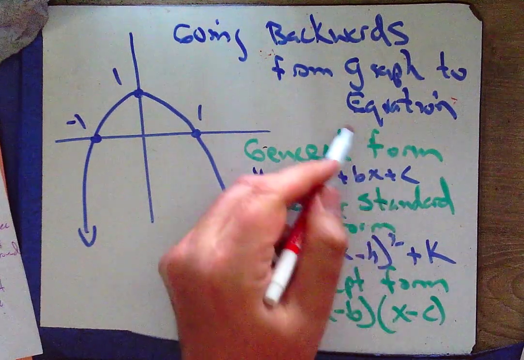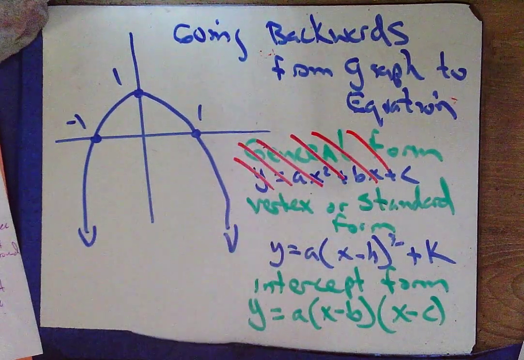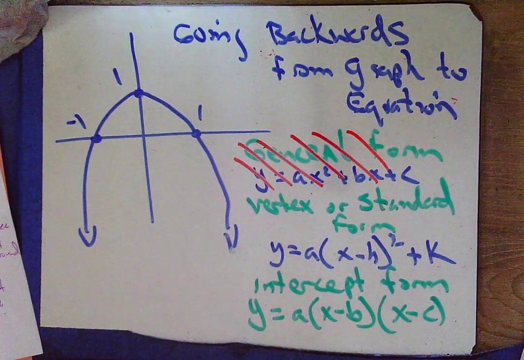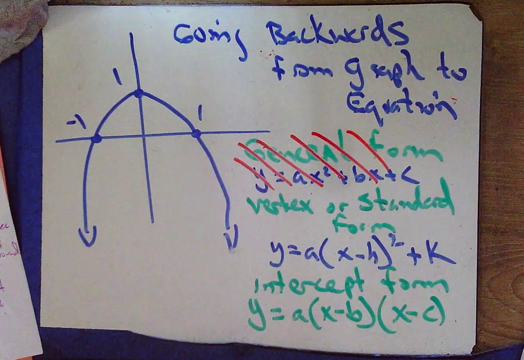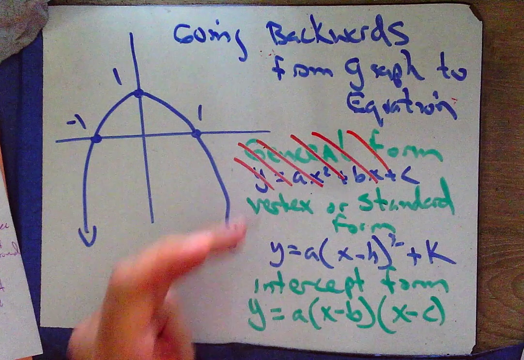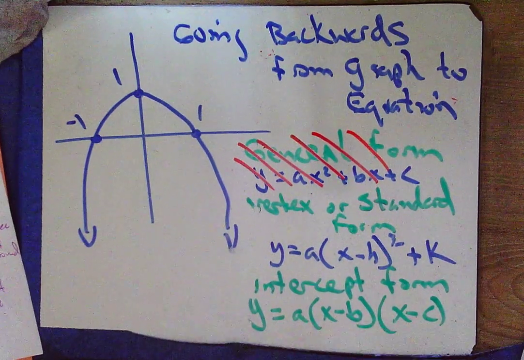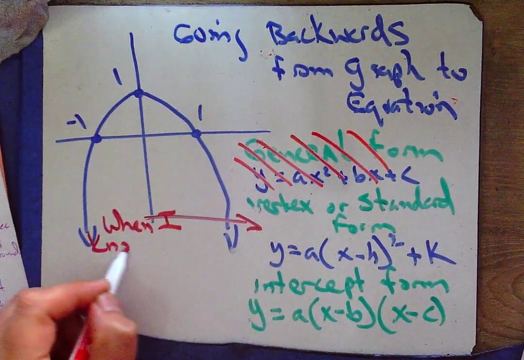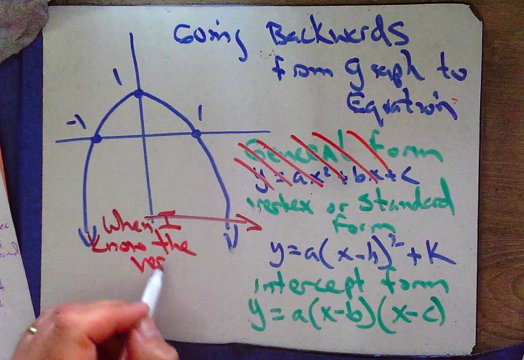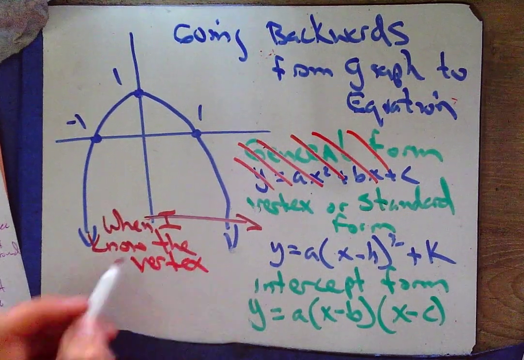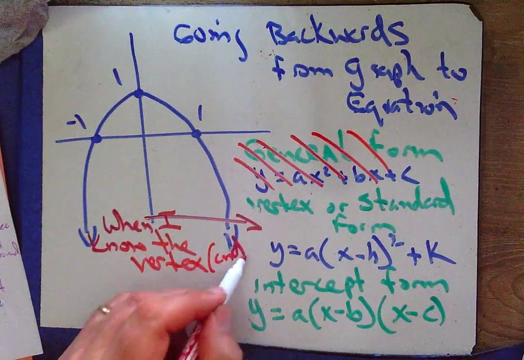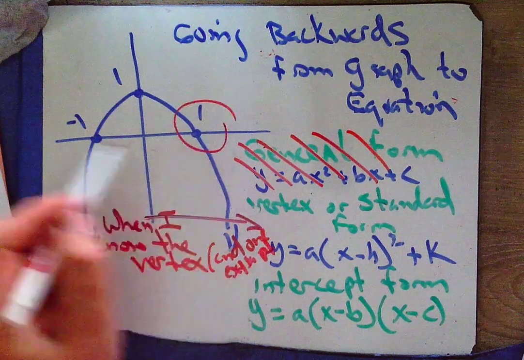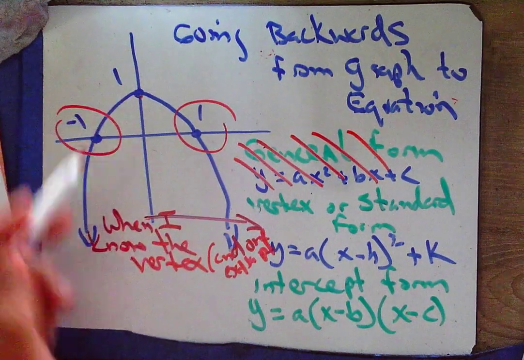Now I will say I never use that one. I either use this one, or I do it a completely different way involving systems that we'll learn about in December. All right, so when do I use this and when do I use this? Well, I use vertex form when I know the vertex and one additional point, like this point or this point.